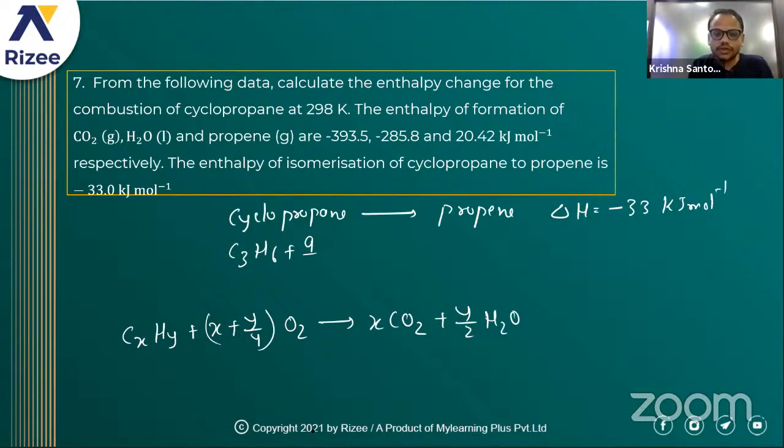This is the generalized equation for the combustion of any hydrocarbon. So C3H6 plus 9 by 2 O2 gives rise to 3CO2 plus y by 2 H2O, which means 6 by 2, so 3 H2O.